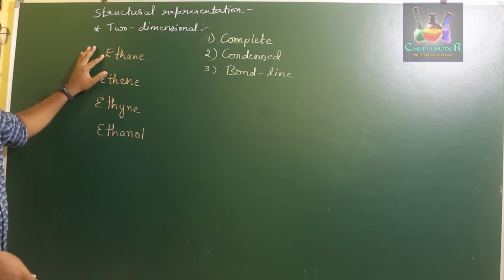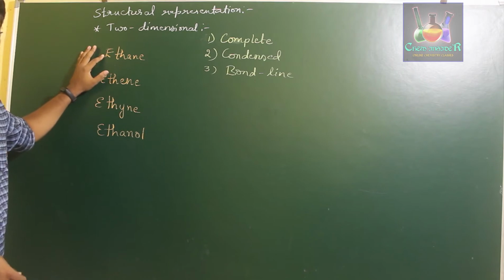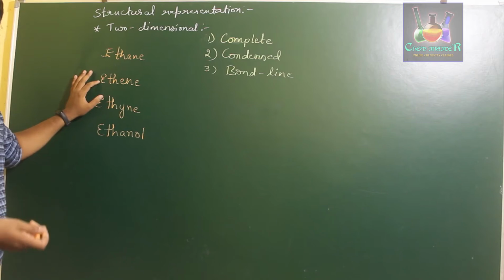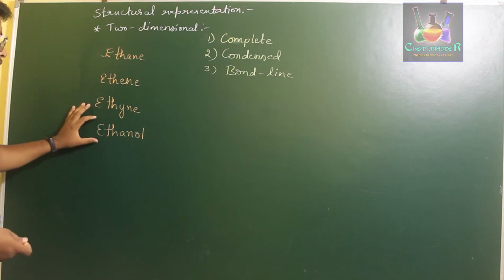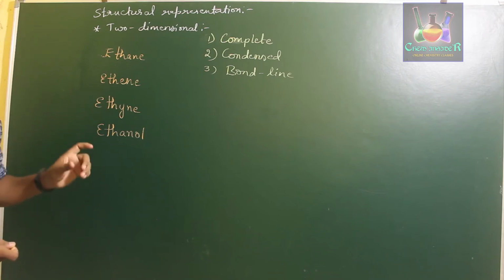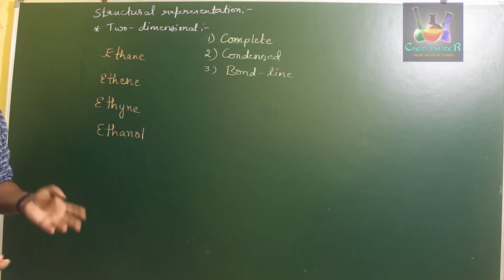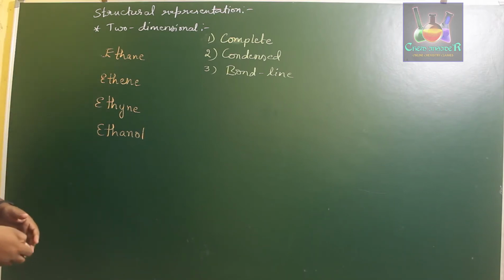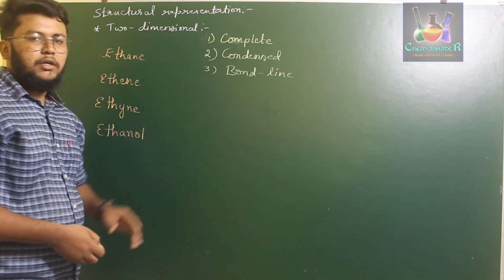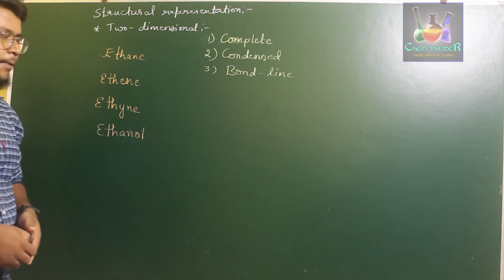So ethane is a hydrocarbon molecule which has carbon in sp3 hybridization. Ethene has an sp2 hybridized carbon. Ethyne has sp hybridized carbon, whereas ethanol has a carbon and oxygen bond linked with it. Okay, so we have 4 different types of molecules, and these can be represented with respect to their particular structural formula.